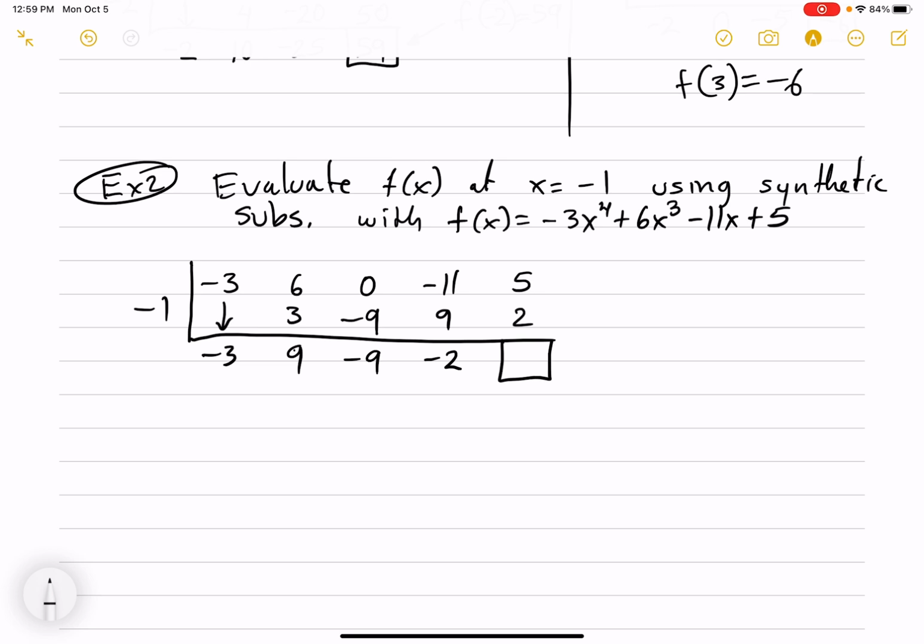So f of x gives us a 7 whenever x is -1. Negative ones and ones are not too hard to evaluate, but this is just another way of doing it. We call it synthetic substitution. Please rewind this video, take notes on it, and use it to evaluate functions of this type.